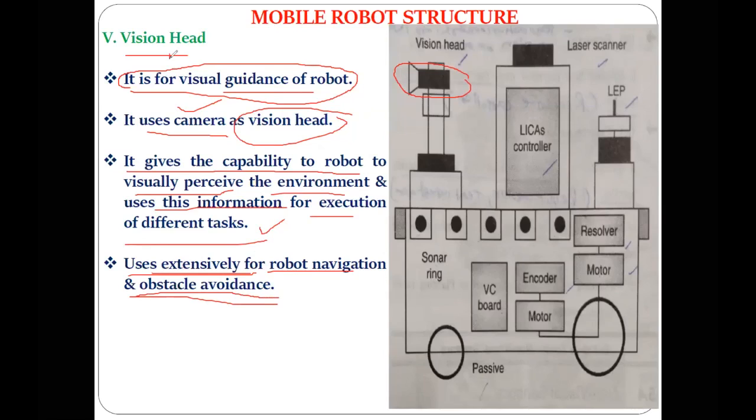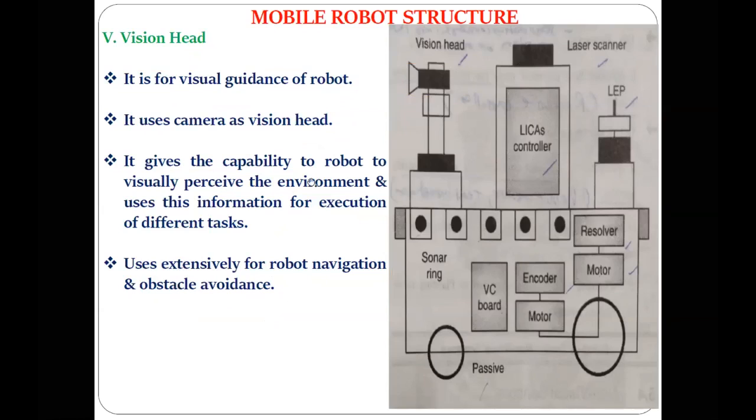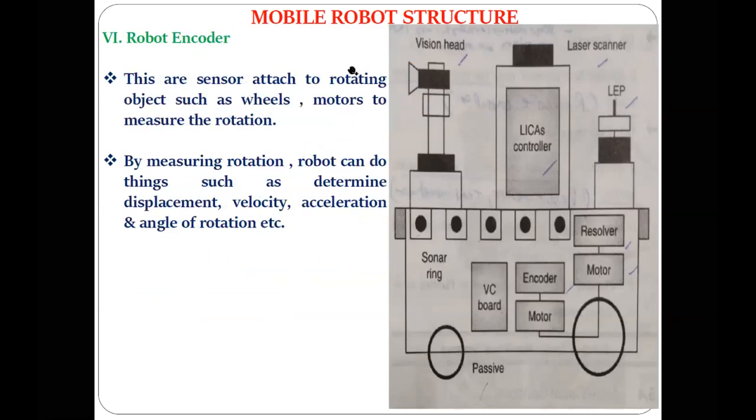So the vision head is important for navigation as well as for obstacle avoidance. Okay, you can see this is also attached to the other components. So this is the vision head. Then next we have the robot encoder.